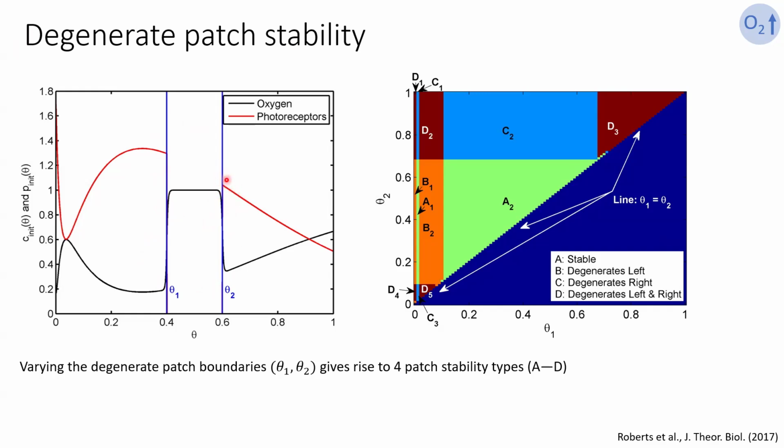Under that circumstance, those photoreceptors would be caused to degenerate, and as a result the patch would expand outwards to the right. That would be the condition for the patch to expand at that region.